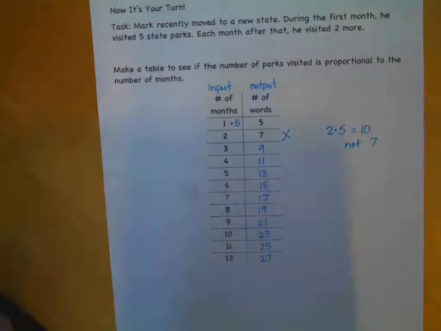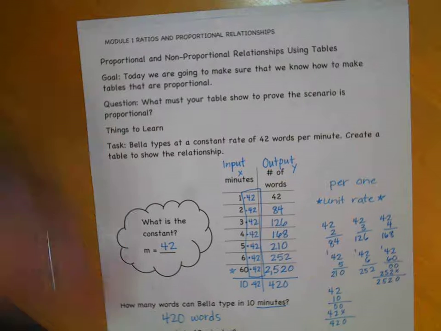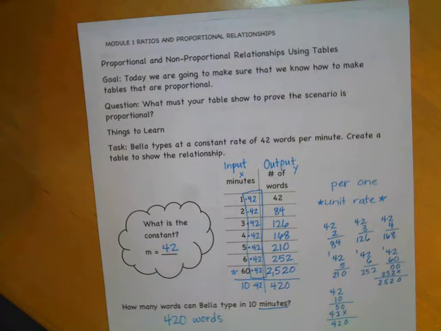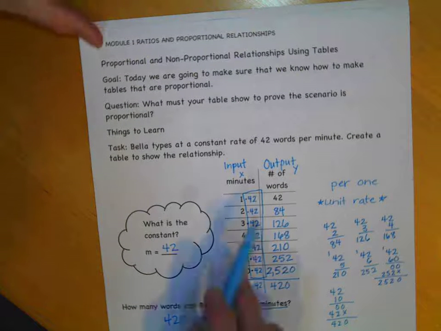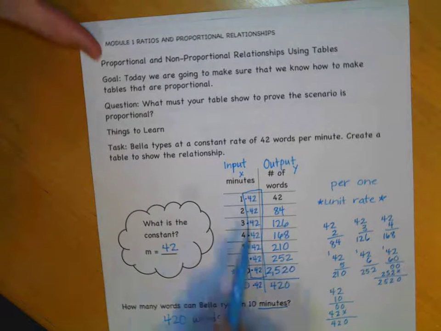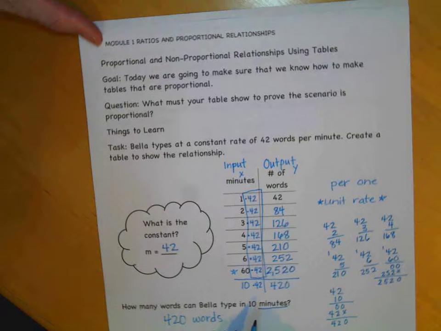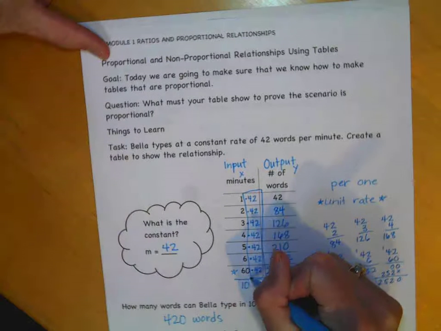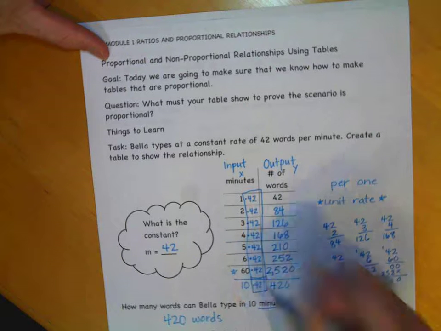Okay? All right, kiddos. A lot of fun stuff. Not too difficult, I don't think, as long as you remember what we're focusing on. So the goal today, we are going to make sure that we know how to make tables that are proportional. So if we remember that we have to use the constant value all the way down for them to be proportional. What must your table show to prove the scenario is proportional?